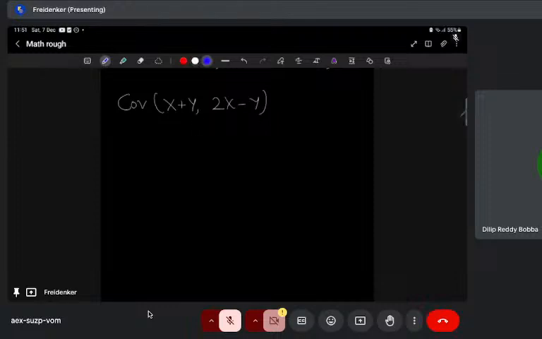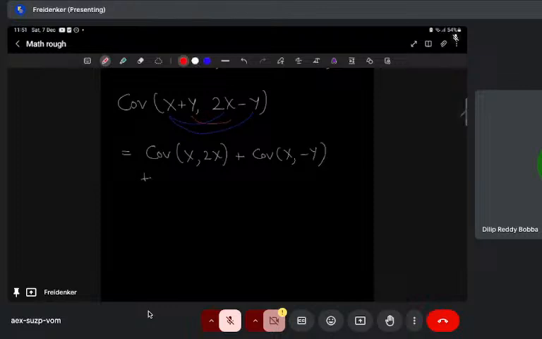This is equal to covariance of x comma 2x and covariance of x comma minus y, plus same story for the other: covariance of y comma 2x plus covariance of y comma minus y.